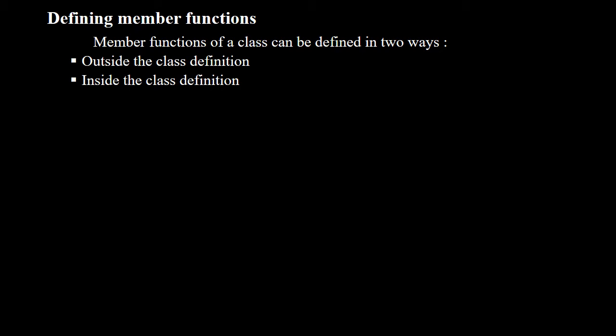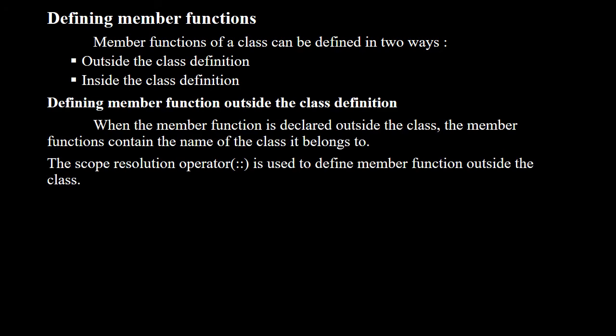One is outside the class definition and the other one is inside the class definition. We'll discuss defining member functions outside the class in this video, and defining member functions inside the class will be discussed in the next video.